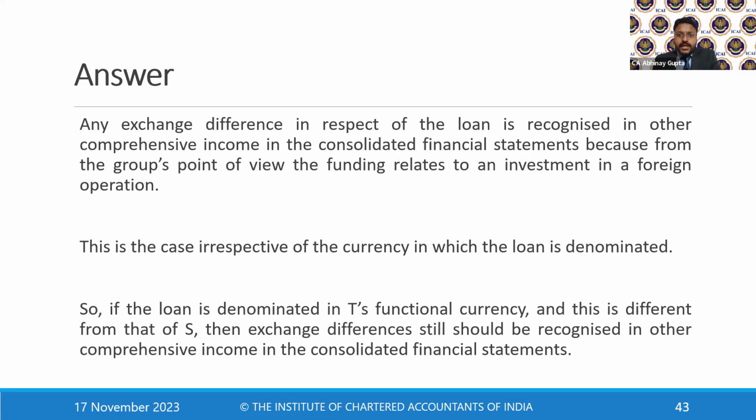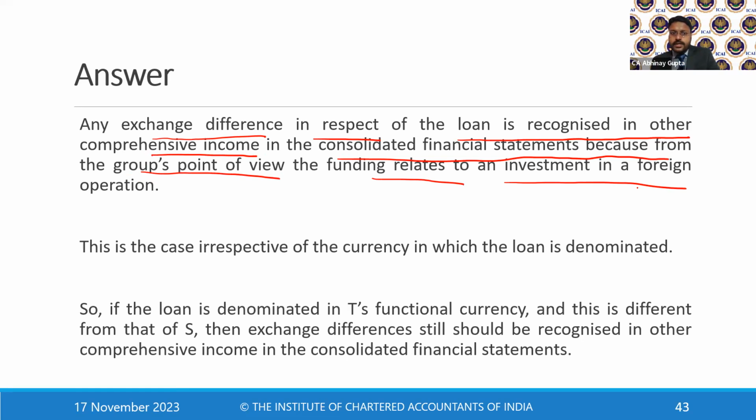Now, as we know, exchange gain or loss will be recognized in the books of the company in whose books it arises, right? That we have discussed. Any exchange difference in respect of the loan is recognized in other comprehensive income in the consolidated financial statements because from the group's point of view, the funding relates to an investment in the foreign operation.